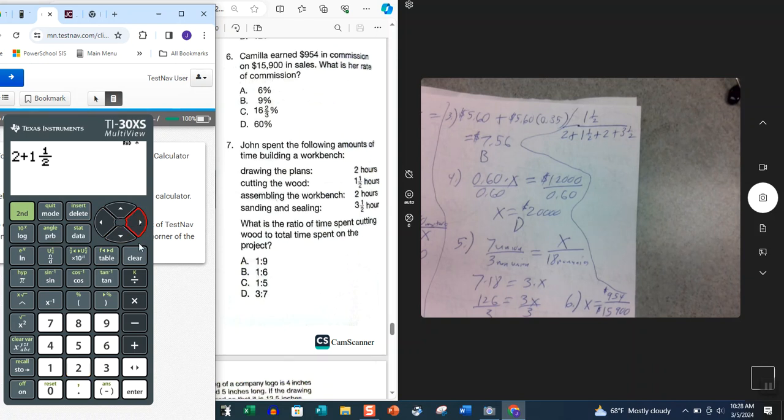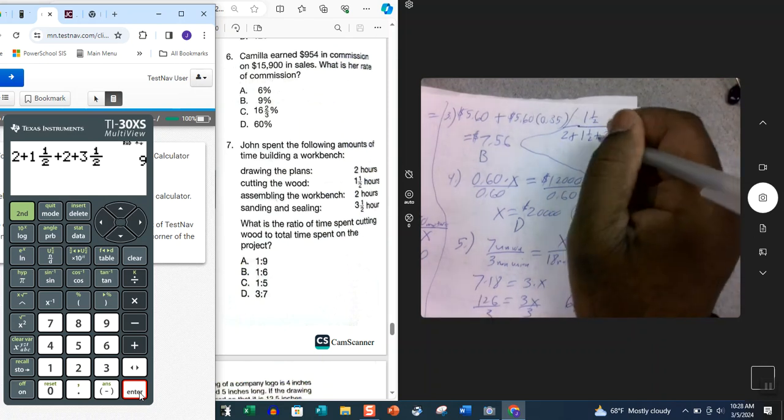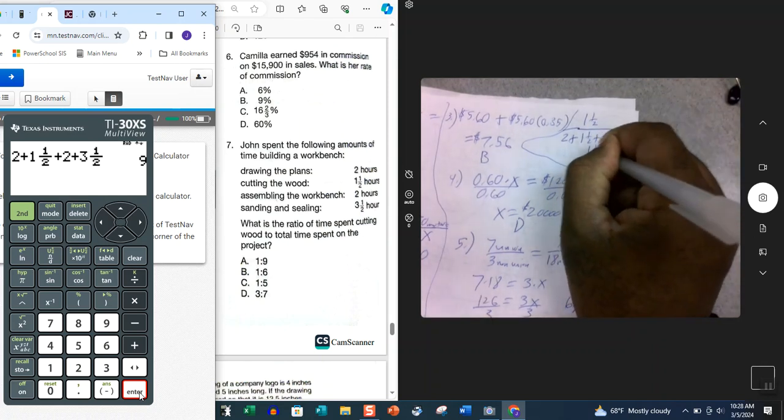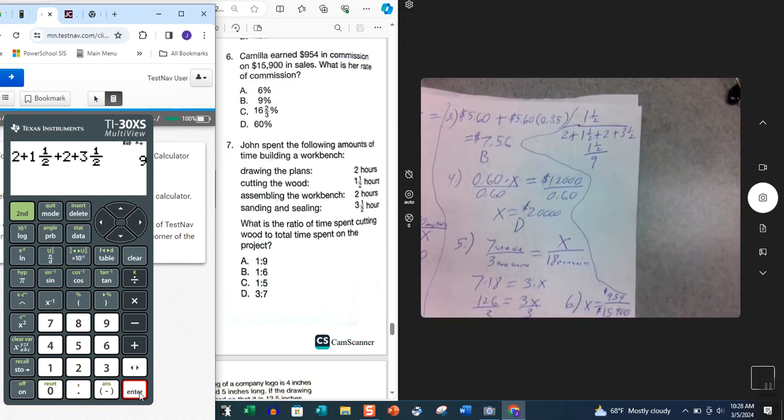Right arrow, plus 2 plus second N over D, and that'll be 3, right arrow, 1, down arrow, 2. Press enter, so that equals 9. So what this will end up being is 1 1/2 divided by 9.